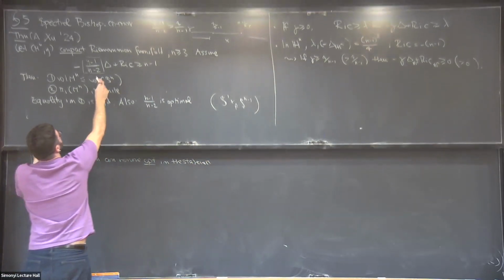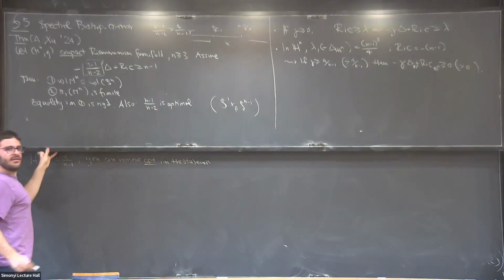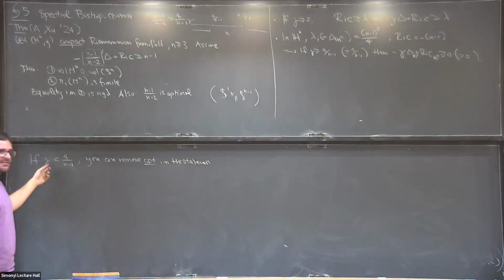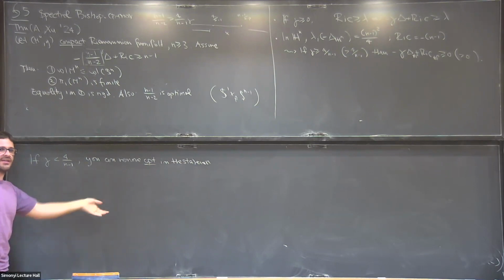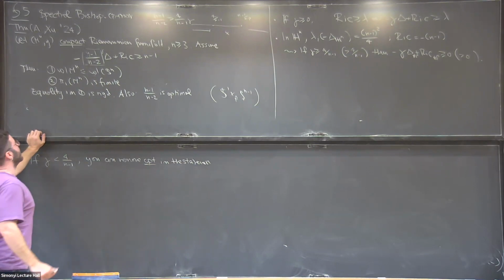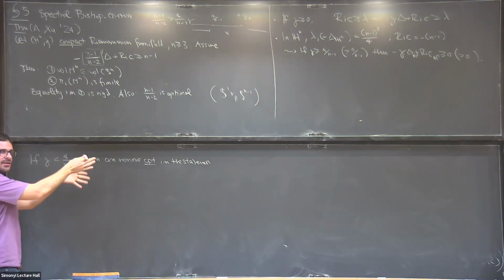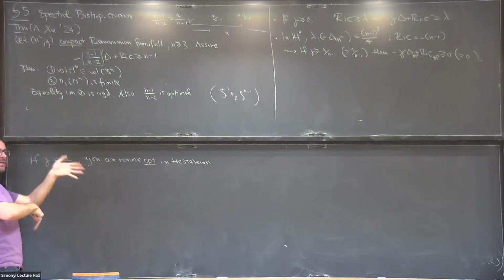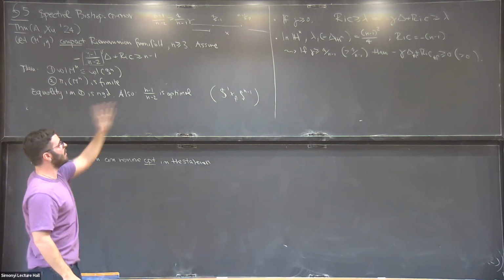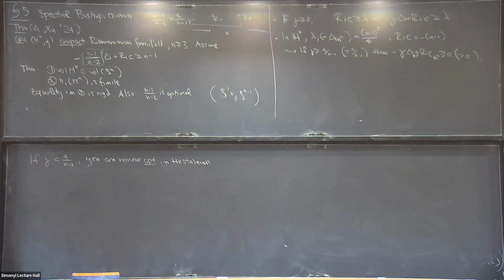Sorry, gamma is this number here. With a condition with gamma strictly less than 4 divided by n-1, you actually get compactness out of it. Within the range, you get the volume bound, but not the diameter bound if you have compactness. And above, you don't get anything. That's the catch.